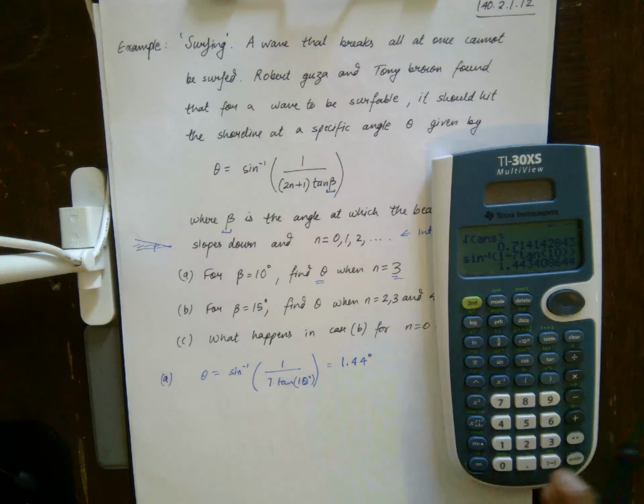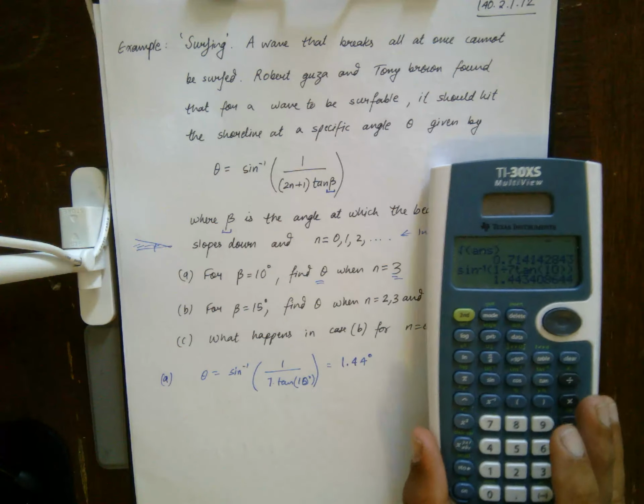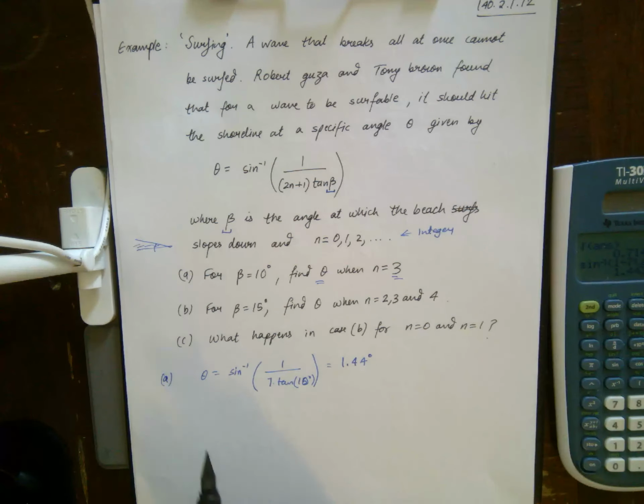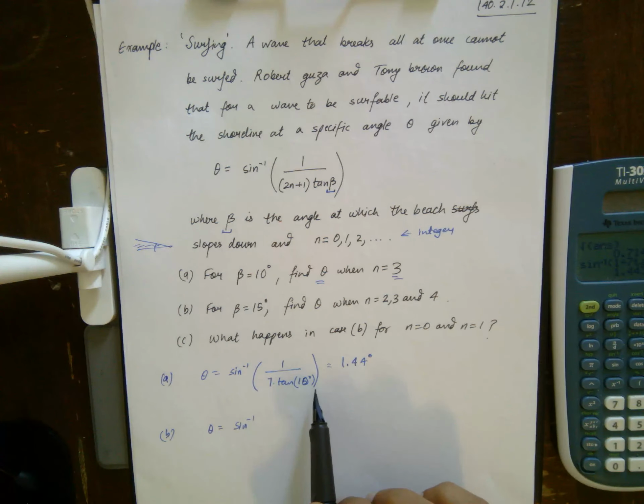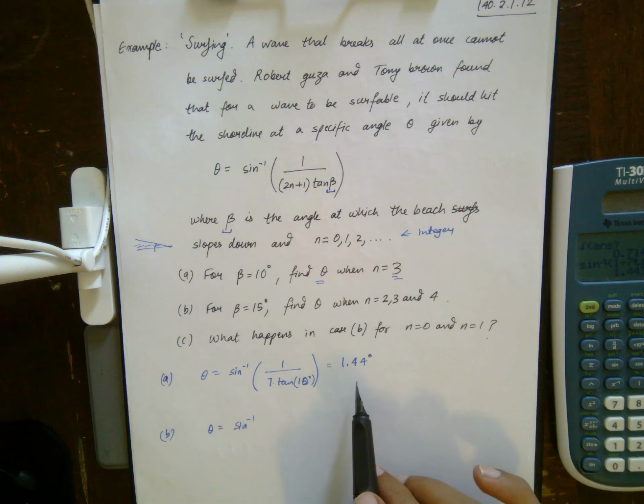That's a pretty low angle. So if you have a beach that has a slope of 10 degrees, then a surfable wave is going to hit the shoreline at roughly 1.5 degrees.